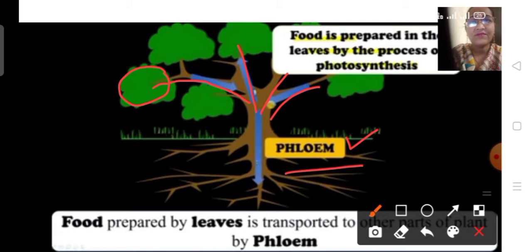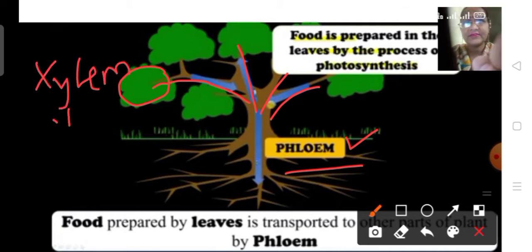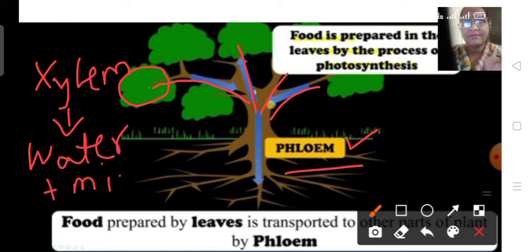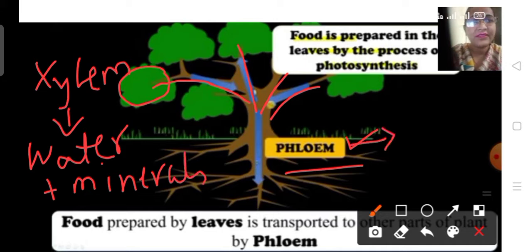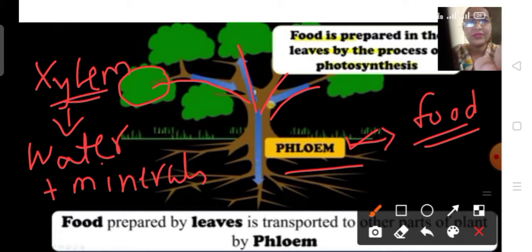So what we studied is that water and minerals are transported by the xylem, and phloem carries food prepared by the leaves to the different parts of the plant. I hope, children, all of you understood xylem and phloem properly, isn't it?